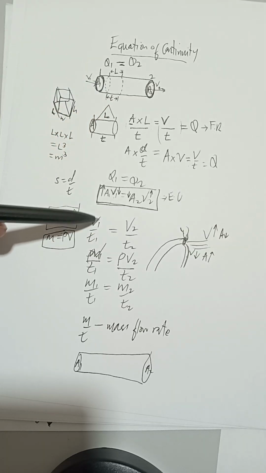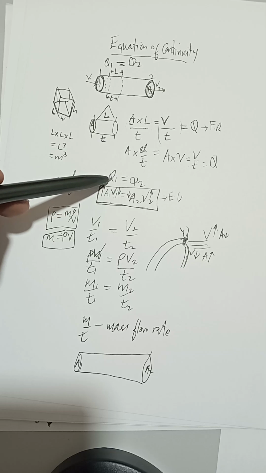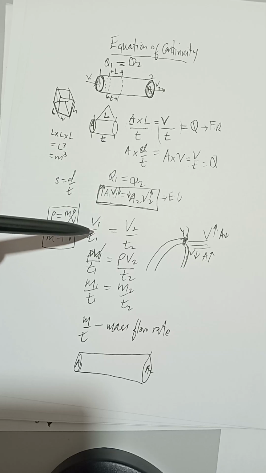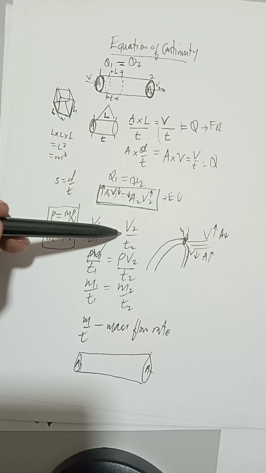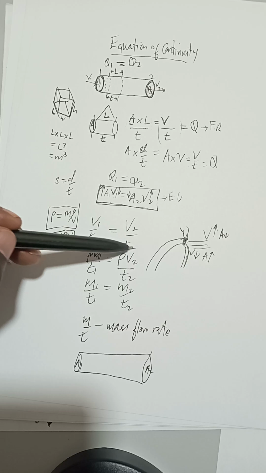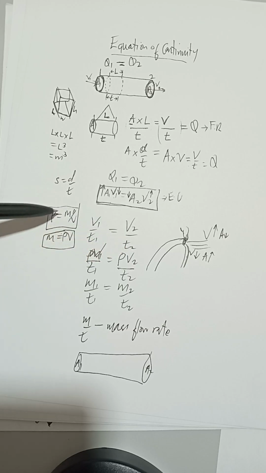Now suppose Q1 is volume 1 divided by T1, which equals volume 2 divided by time 2. Suppose we take density equals mass over volume. For mass flow rate, make mass the subject, so density times volume.